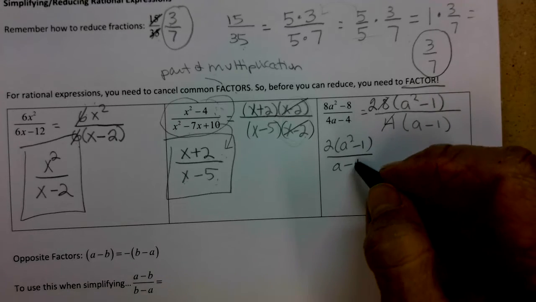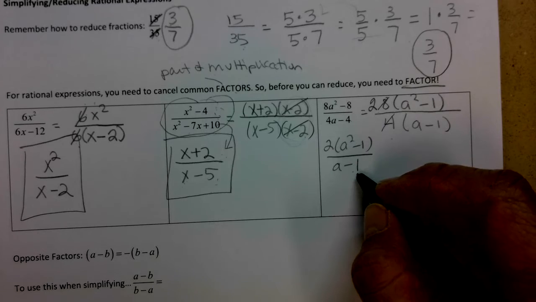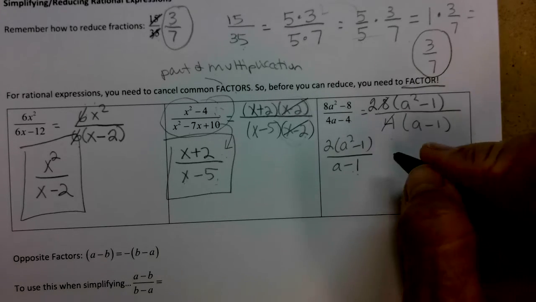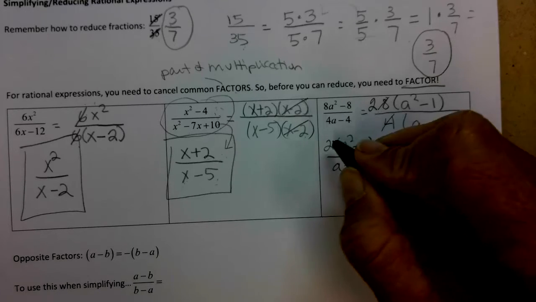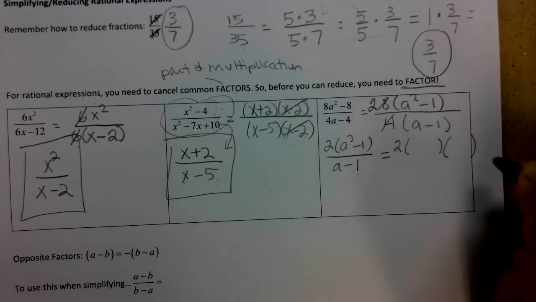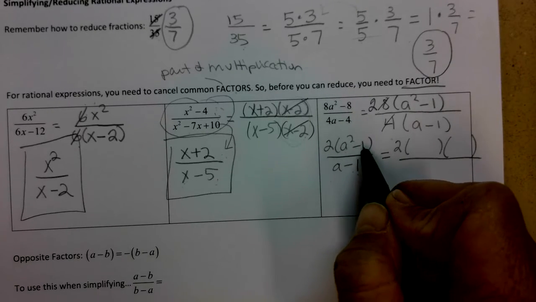It's very tempting, right? Those look very close, but this is an a squared minus 1 and that's an a minus 1. They're not the same. But a squared minus 1 will factor for us. So the 2 still tags along. There's my 2. Factor that a squared minus 1: difference of squares.